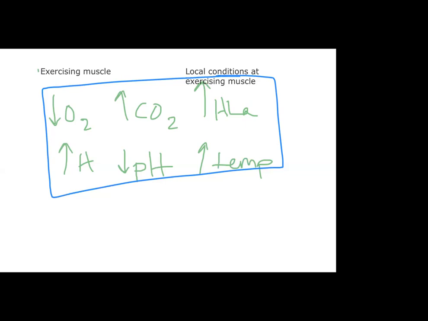So when all these things are happening at the exercising muscle, it's sensed by the chemoreceptors, which will trigger the arterioles to vasodilate, triggering vasodilation in the arterioles at the exercising muscle.